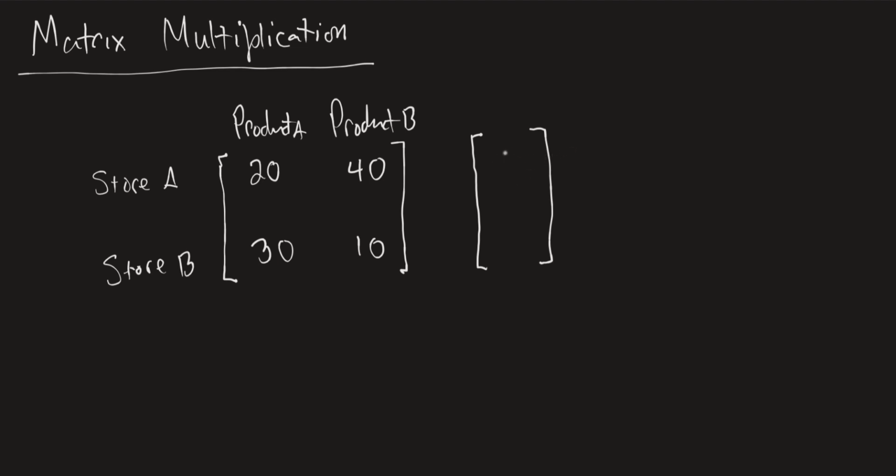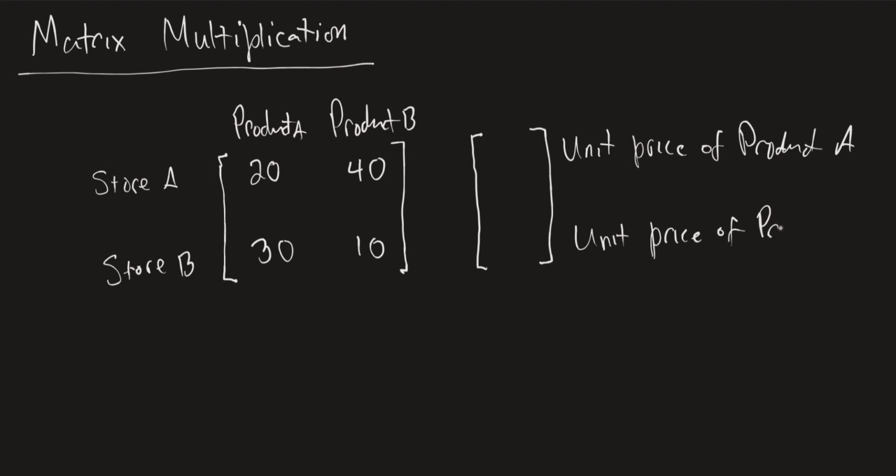In the first row, I'm going to store the unit price of product A, and similarly in this position, the unit selling price of product B. Let's say A sells at a price of $3 per unit, and B sells at a price of $5 per unit, right?